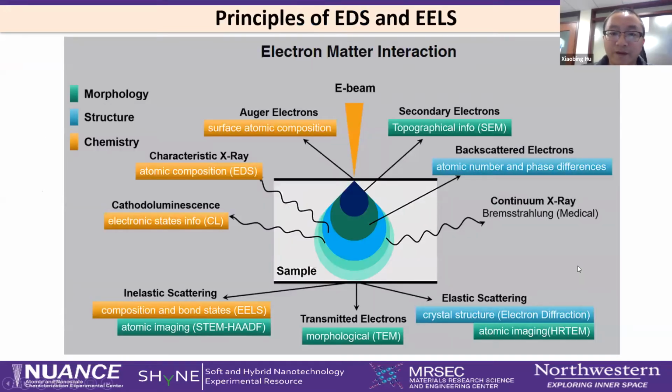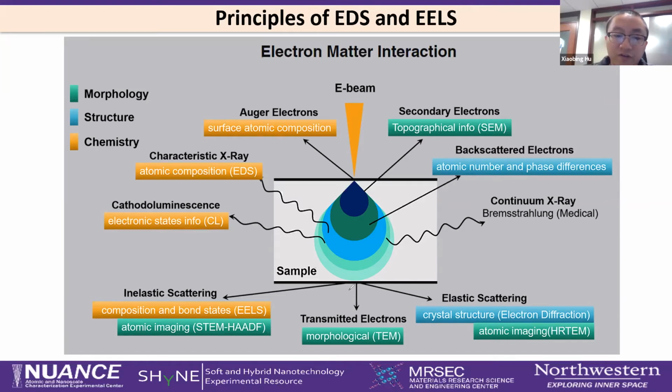I believe you have seen this figure many times. This figure shows the interaction between your sample and the electron beam. When the electron beam penetrates through your sample, for our TEM, as you know, it's very thin, so the electron beam can pass through the whole sample.